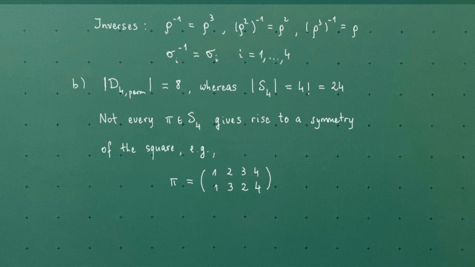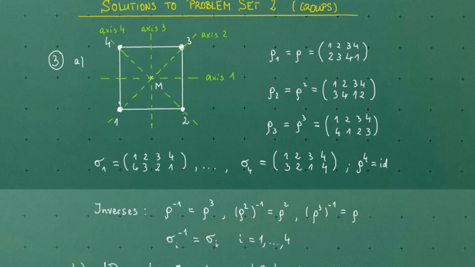Take a look at this permutation here. This is clearly a bijective map. It just shuffles these 4 numbers around. But it cannot correspond to a symmetry of the square. Why? Because 1 is the only vertex that stays fixed, and the only symmetry that achieves that, besides the identity of course, but this pi is obviously not the identity, would be the reflection about axis 2.